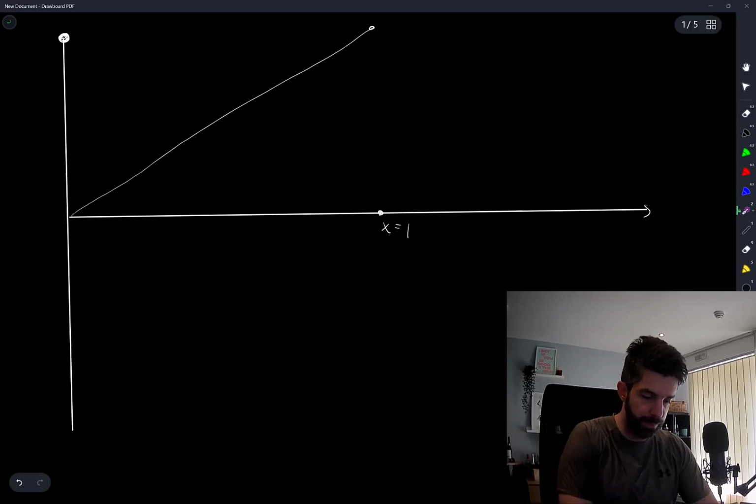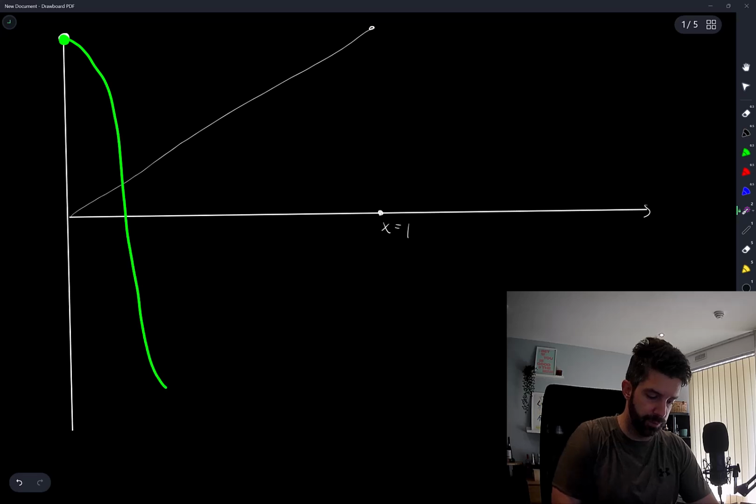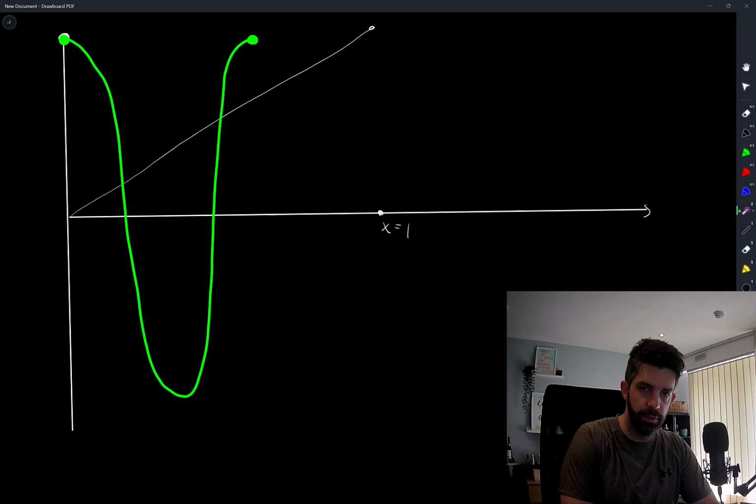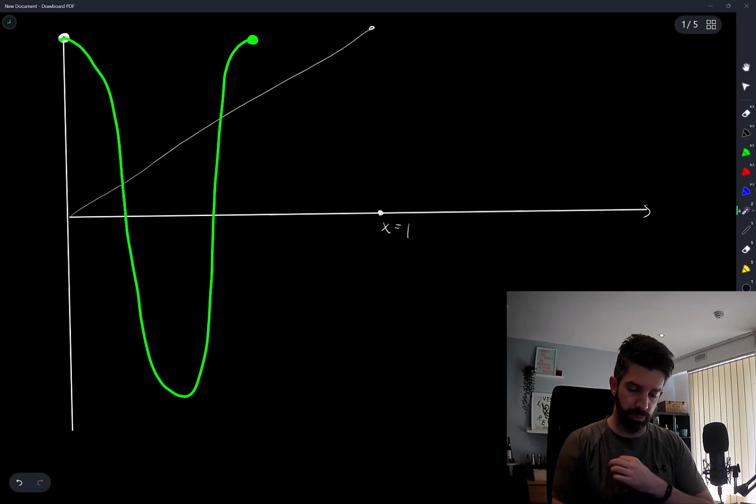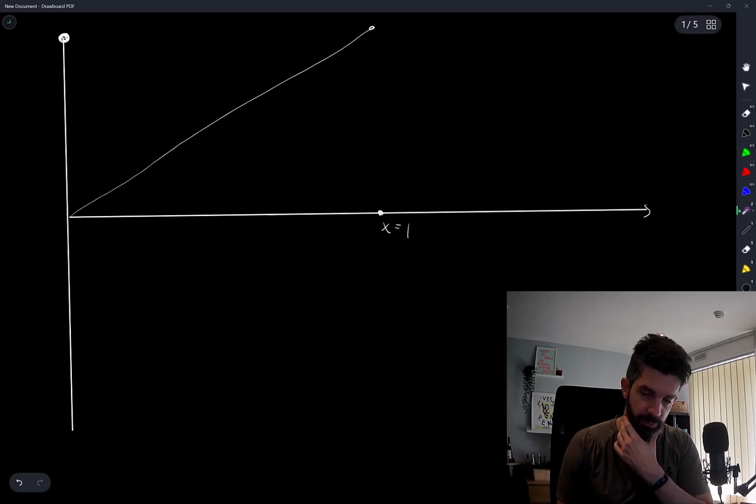For a single period of the cosine function, which would look like that, there are of course going to be two positive values that satisfy this. So we'll have to figure out just how many periods we go through.